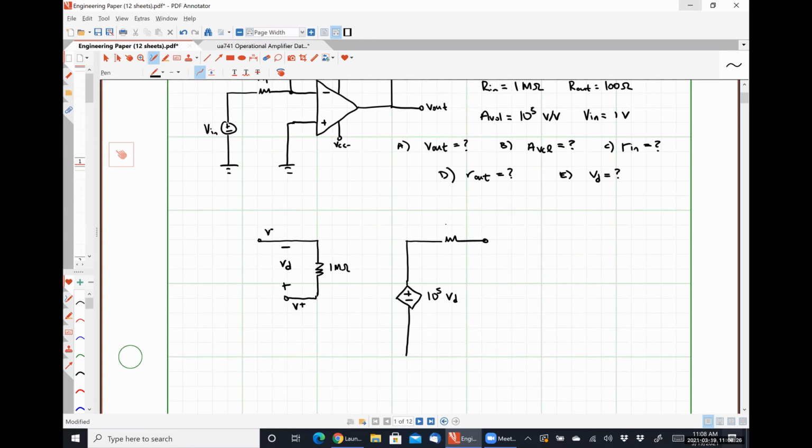Here is my output resistance of 100 ohms, and I am measuring my output voltage between these terminals.